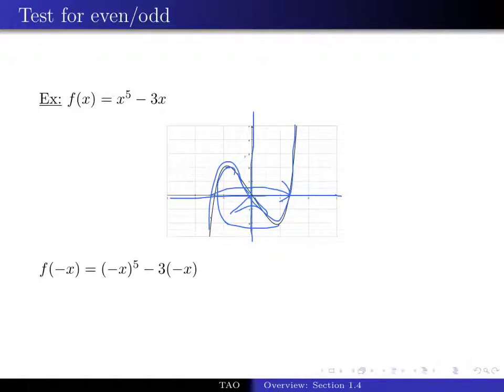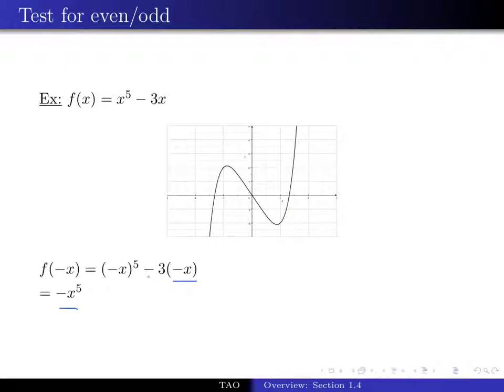This is symmetric through the origin, or across both axes. But if we stick the negatives in, a negative times a negative times a negative times a negative times a negative: a negative and a negative is a positive, a negative and a negative is a positive, times that extra negative is a negative x to the fifth.